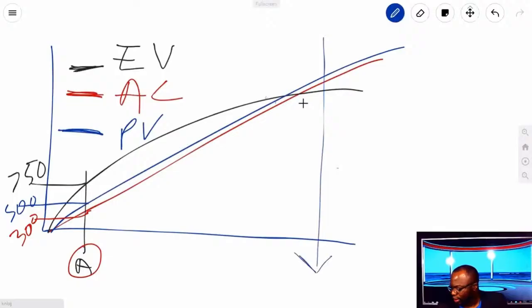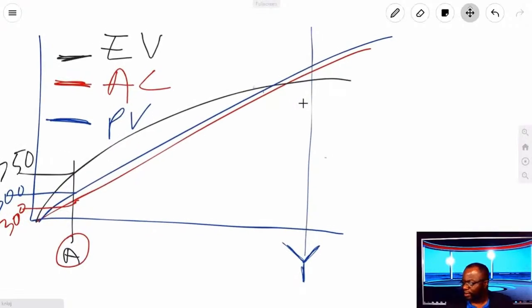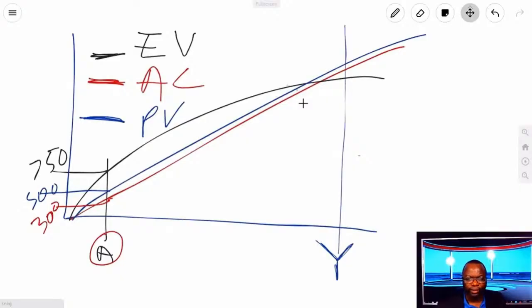Let's look at point Y. Hopefully you guys are going to ace this one. Look at point Y. You can see the state of the project. You can see what's going on. Tell me the state of the project at point Y. At point Y, what is the state of the project?